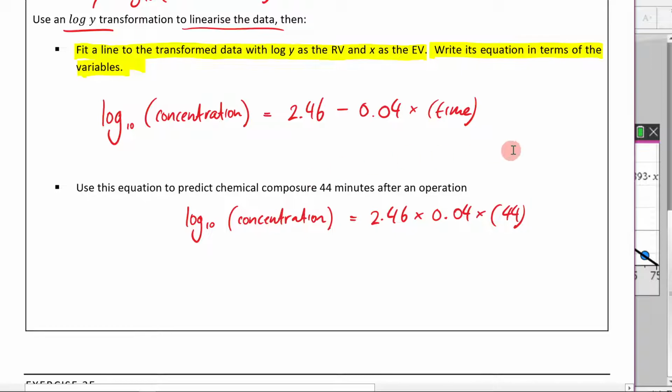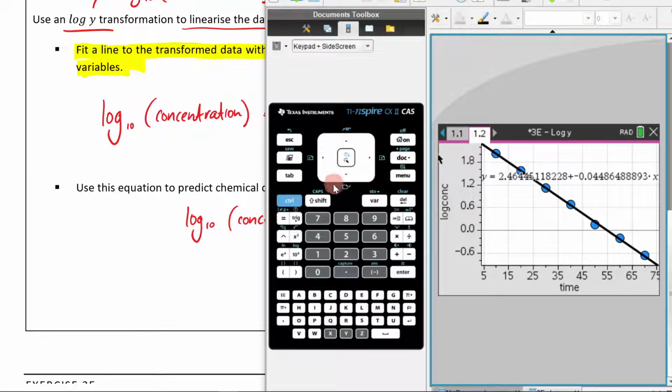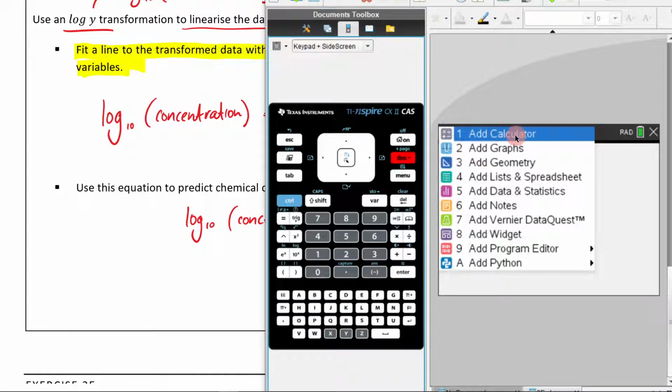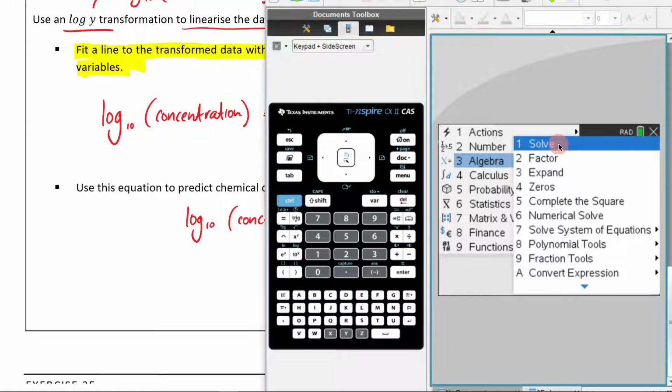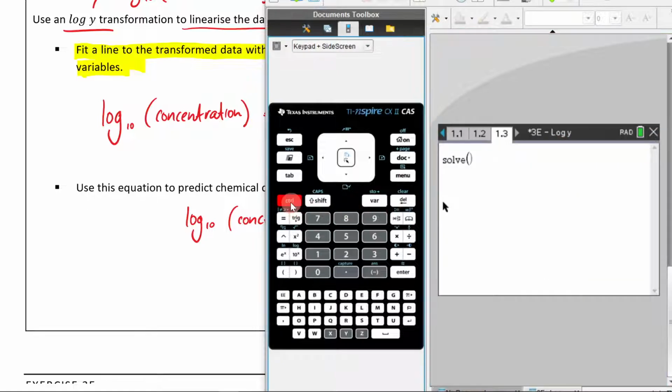I, again, would very strongly suggest that you do this using the solve function. So go menu, go algebra, go solve, go control, log, just put this as Y, or you could put it as C for concentration, whatever you like. Let's go C for concentration.